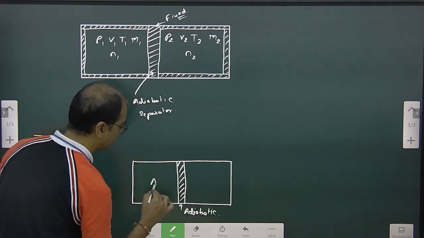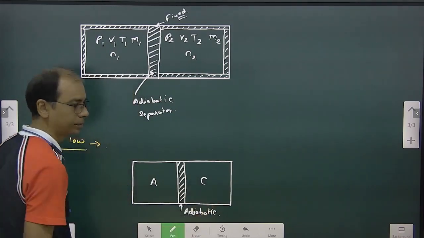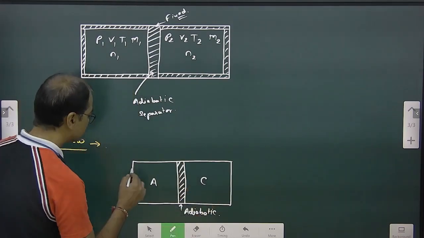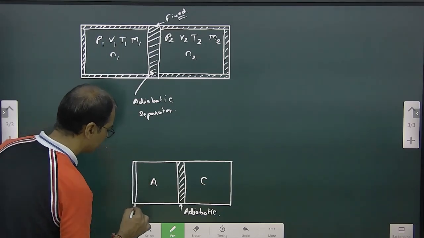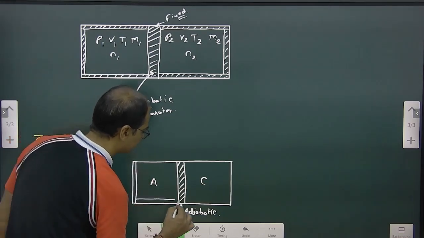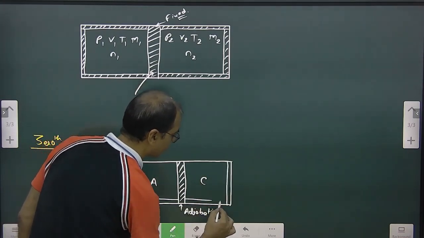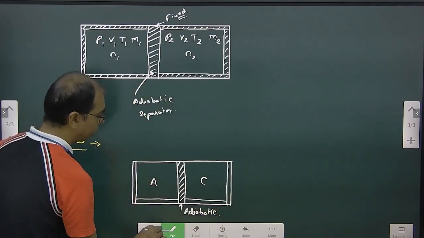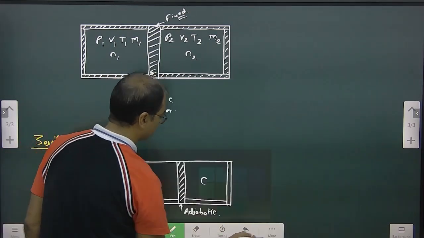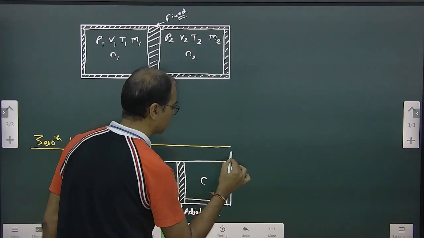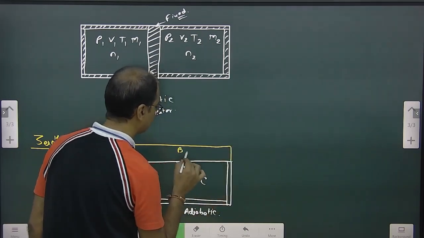Here is gas A and here is gas B. They cannot interact, and the gas is also not going anywhere. It is also packed, same as here. Above them, we are keeping gas C, like this.